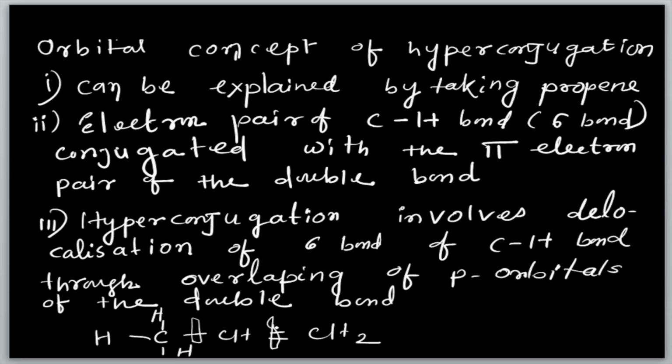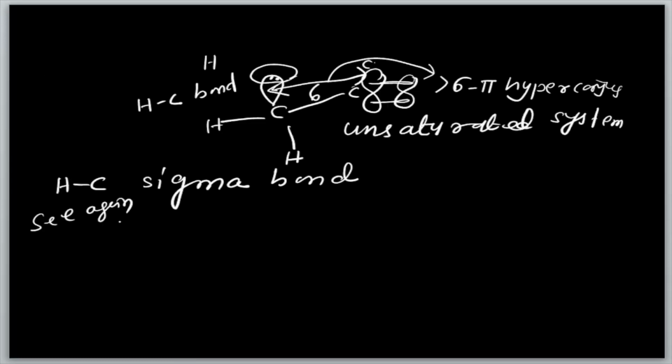Here the double bond is present, here the p orbital is present, and here the sigma bond is there, and this is how it delocalizes and forms hyperconjugation. When you see here, you can observe this as CH, H, H. This is also H, that means the methyl group, and this is a sigma bond. Here CH3 means this part is sp3 hybridized. How is the double bond produced?